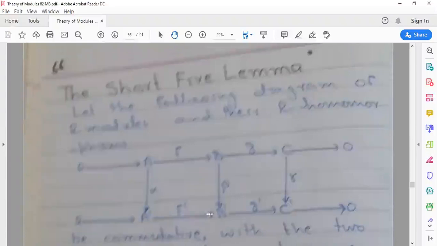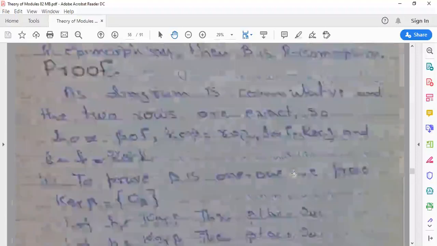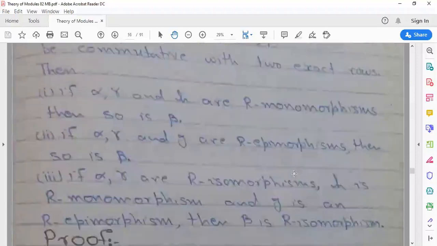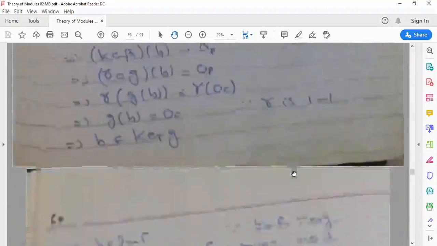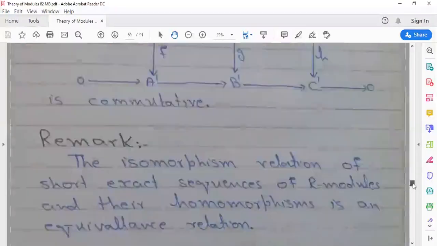Let's see what the short five lemma states. Let the following diagram of R-modules and their R-homomorphisms. Basically, these functions are taken from the last definition.